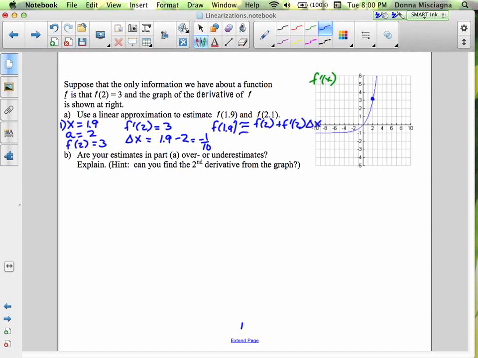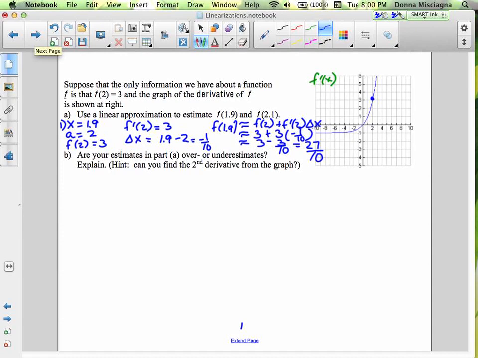So that would be 3 plus 3 times -1/10. So that would be 3 minus 3/10. Well, 3 is 30 tenths. So that's going to be equal to 27 tenths.